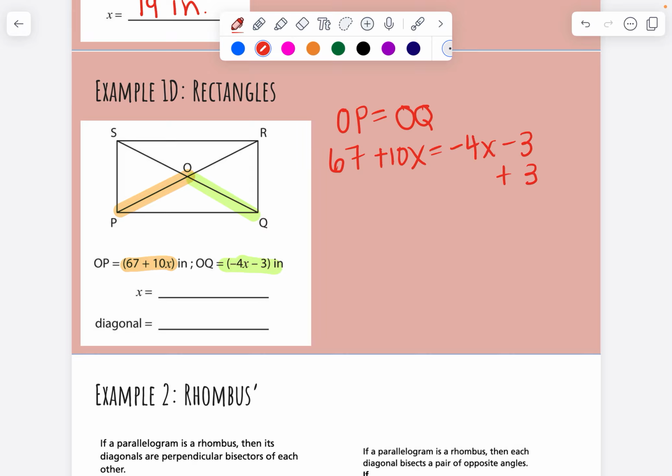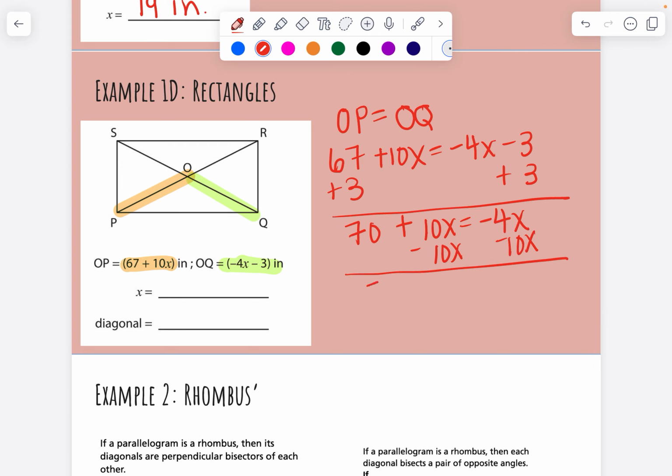So solving this one, I'm going to add 3 to both sides. So then I get 70 plus 10x is negative 4x. Take 10x from both sides. And 70 is negative 14x. And then dividing both sides by negative 14, I'll get x is negative 5. So x is negative 5 inches.